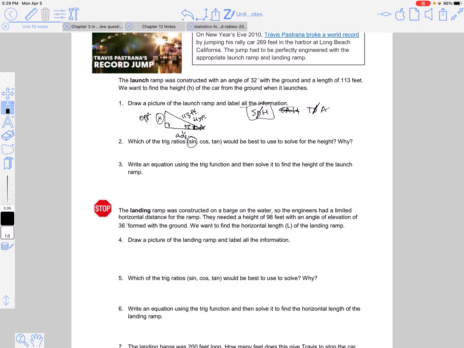Because of the relationship that sine describes and what it asks us to find, right? Because the question wants us to find the opposite side, and we have a value for the hypotenuse.